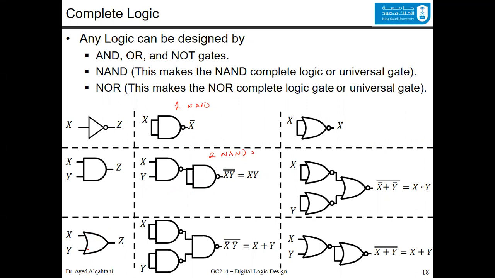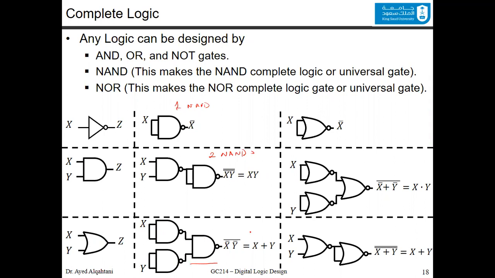For the OR, you could prove this by having a negation for the X, which means that I'm generating the X bar. Also the negation of the Y, which means that I'm generating the Y bar. And after this, you will NAND them together.